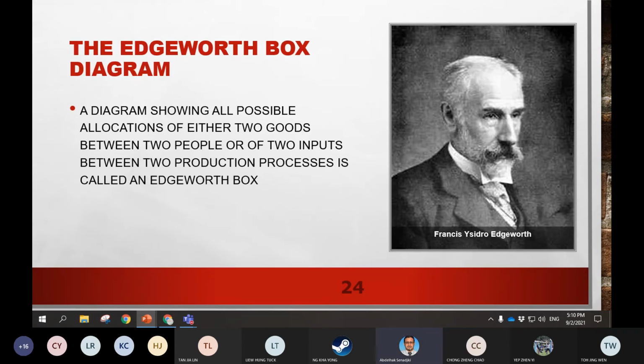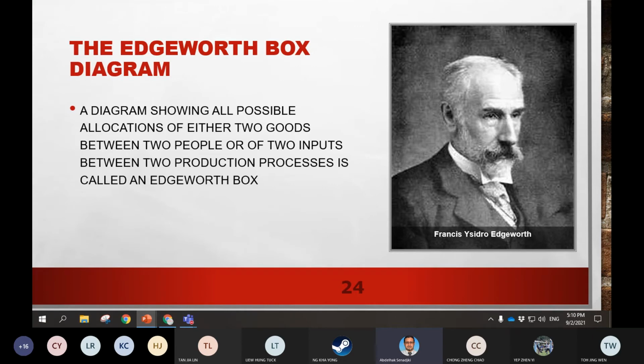So if you want to know at what level they reach economic efficiency, then we apply what we call the Edgeworth box diagram.